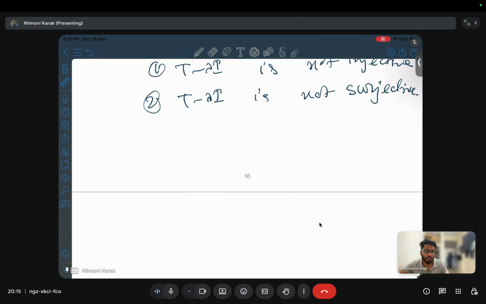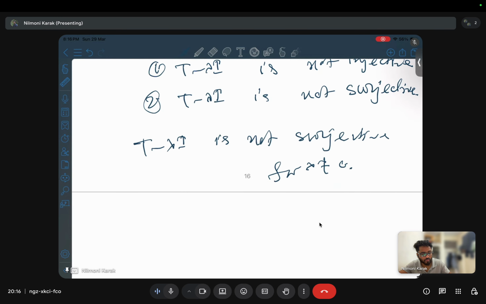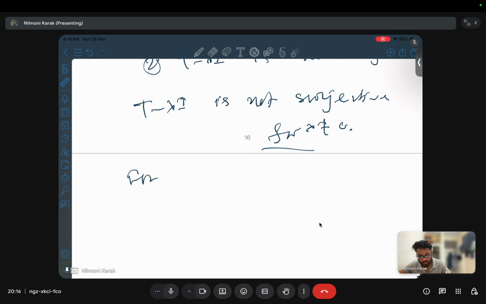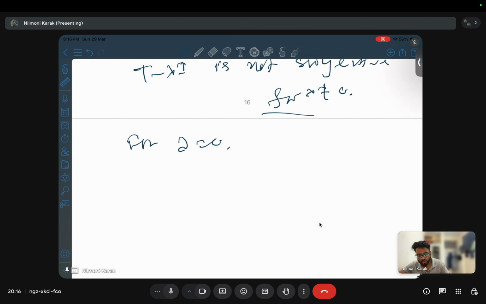In the last week's content, we have seen that for the Volterra operator, T minus lambda I is actually not surjective for lambda not equal to 0. Okay, and for lambda equals 0, this is in the spectrum.